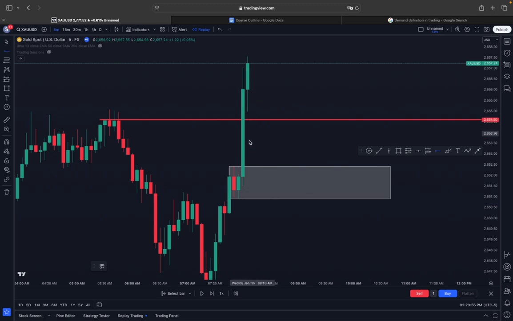There's also a gap in the market here. This area right here is what we call a gap in the market.